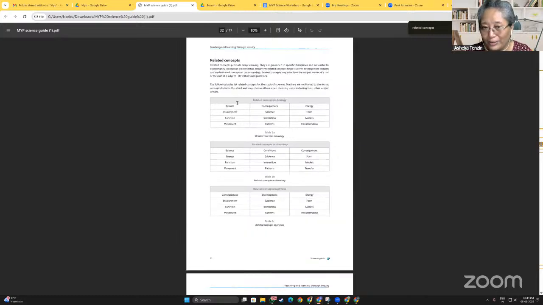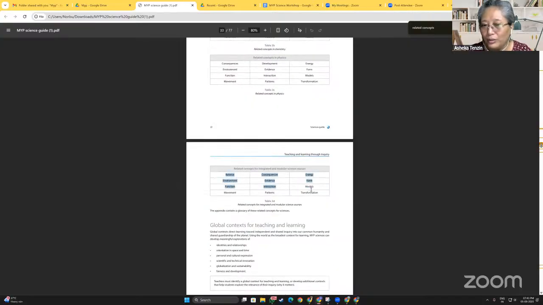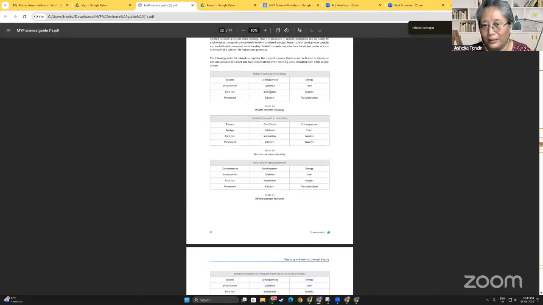If you're going to teach discrete sciences in grade 9 and 10, please don't just use these related concepts. Check for these specific related concepts also which are missing if you're going to do discrete sciences. So if you're going to do discrete sciences in MYP 4 and 5, for your grade 4 and 5 SGOs, please ensure that if I'm going to do biology, that these are there.